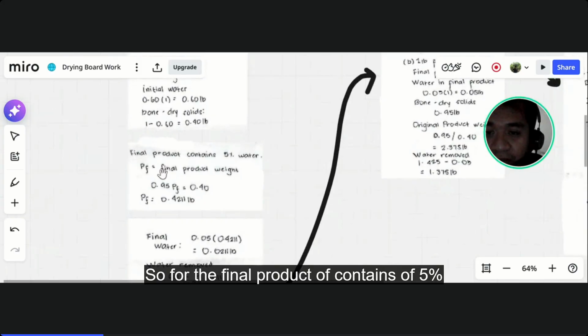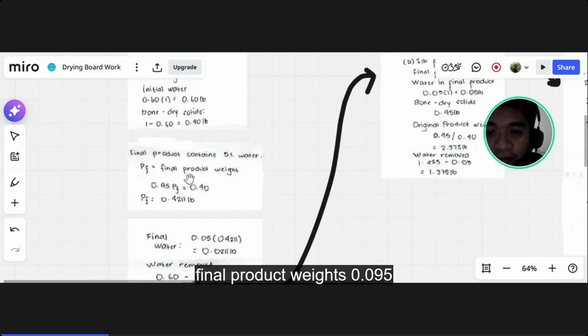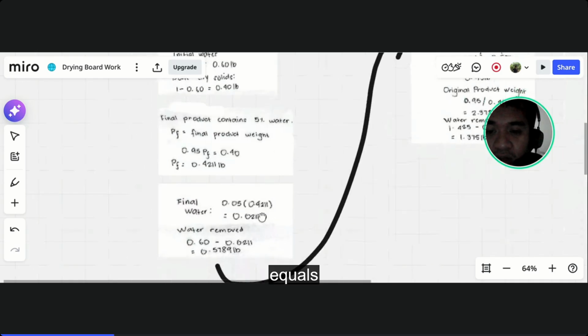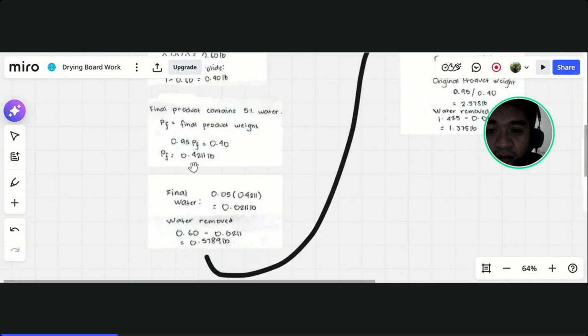For the final product containing 5% water, the final product weight is 0.40 divided by 0.95, which equals 0.4211 pounds.